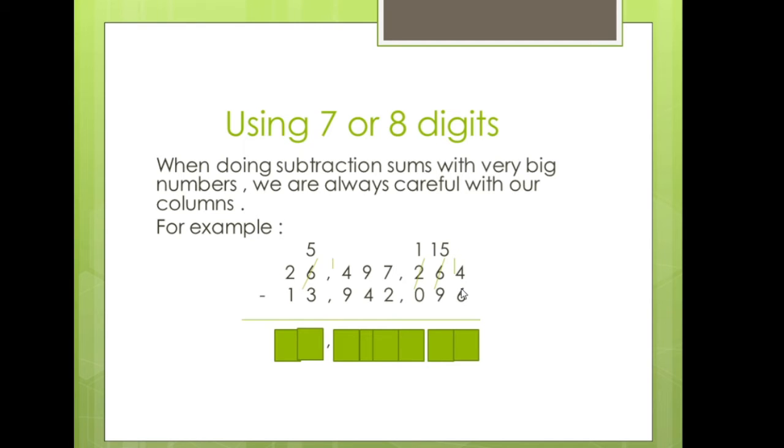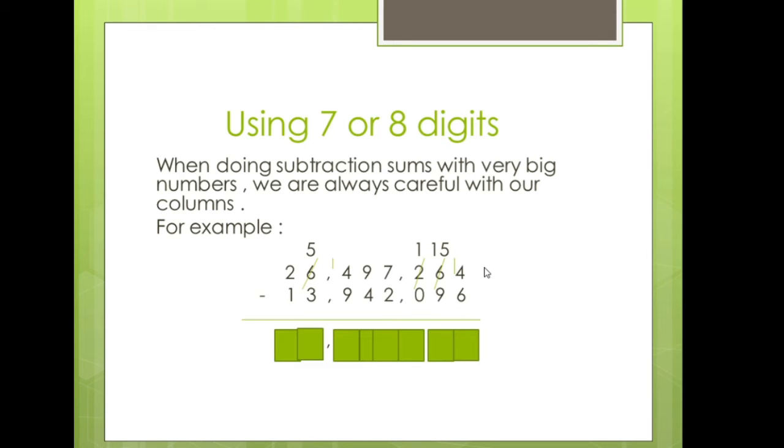So this is first ones, tens, hundreds, thousands, 10,000, 100,000, millions and 10 millions. That is how we have arranged them.